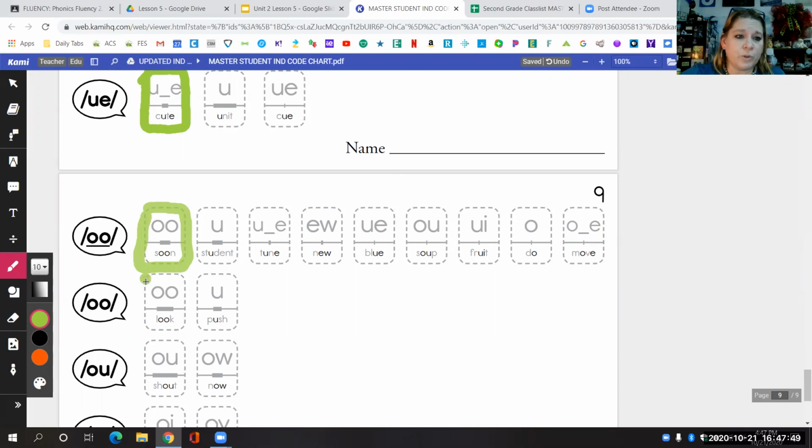The one for look. All right, and if you notice, the power bar for soon and for look don't go from one side of the spelling card to the other. So that tells me that there are other ways to spell those sounds than just 2 O's together. We're going to study all of these later in the year, but right now we're just focused on these two. These will not be in any of your stories until we have learned how to use them.